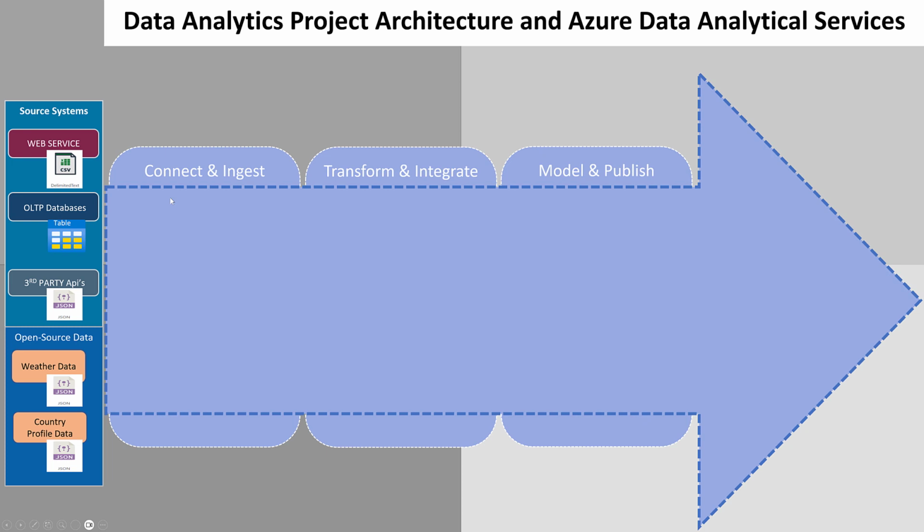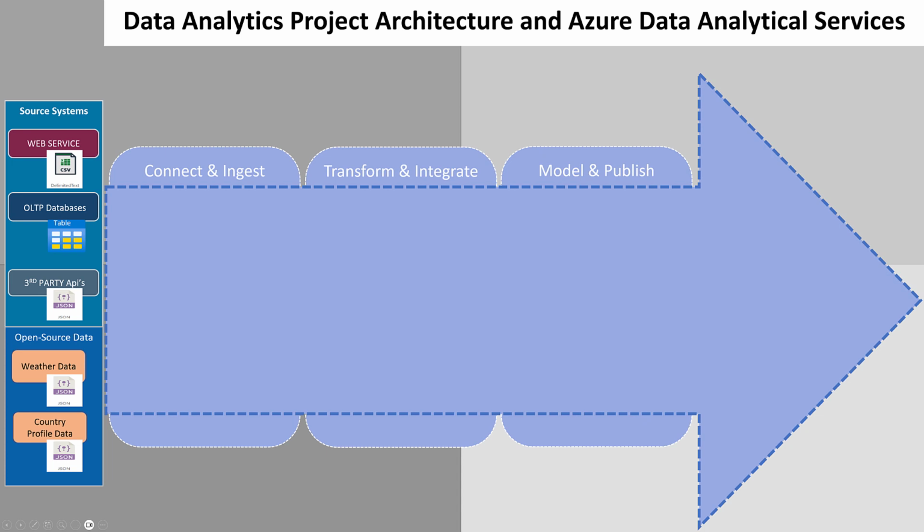Now we need to identify the Azure Data Analytical Service that can help to build each of these layers. If you look at the natural operations happening in this layer, logically we need to connect to the different source systems. So we need a service which has inbuilt connectors for each of the different source systems and extracts the data.